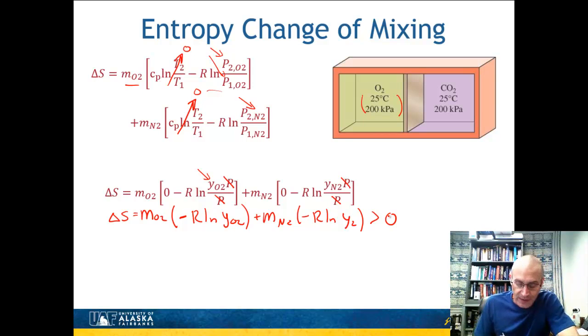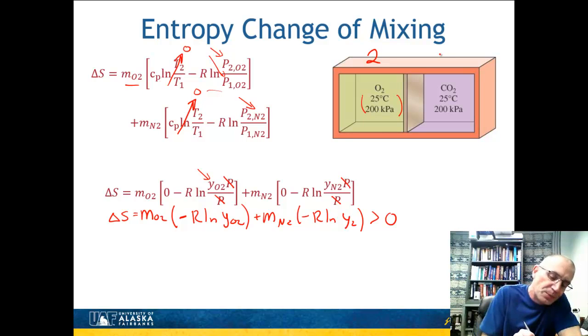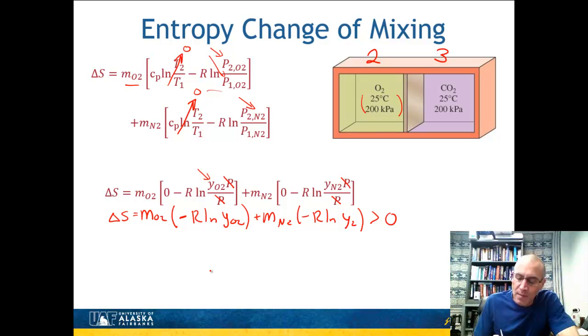Now let's put some numbers in here. Let's say I started off with 2 moles of oxygen and 3 moles of CO2, then I can look at what my mole fractions are.